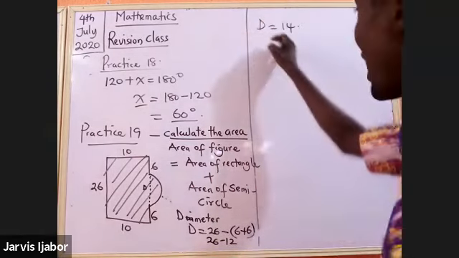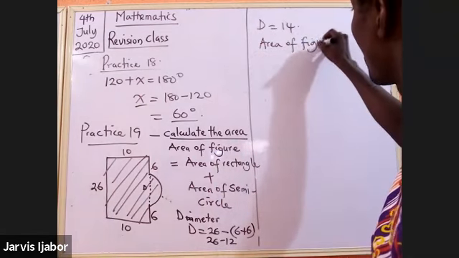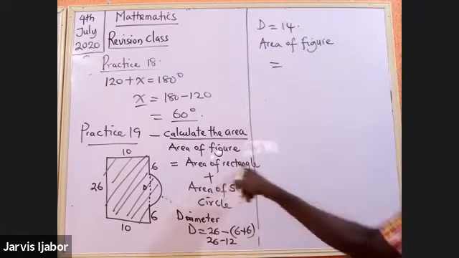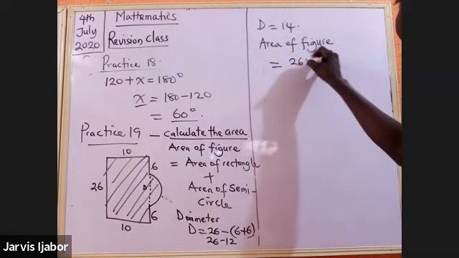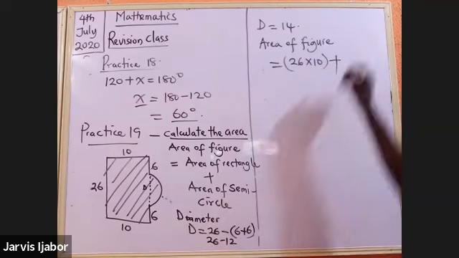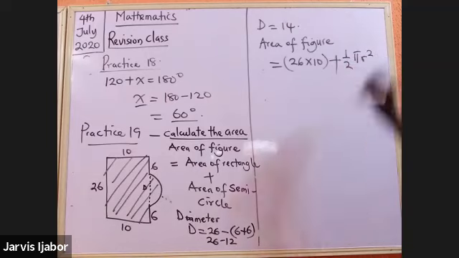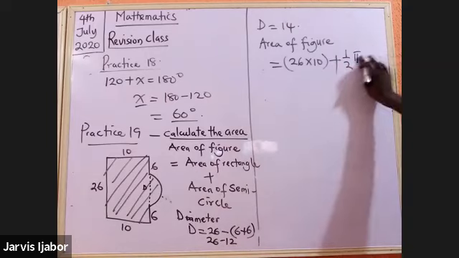So what is the area? Area of figure will now be equal to the area of the rectangle, which is 26 times 10, plus the area of the semicircle, which will be half pi r squared. Now what is r in this setup?